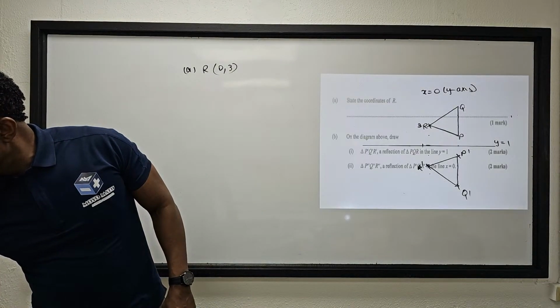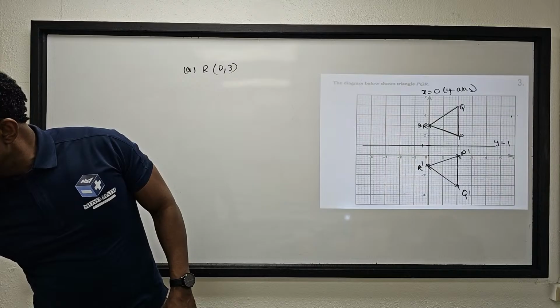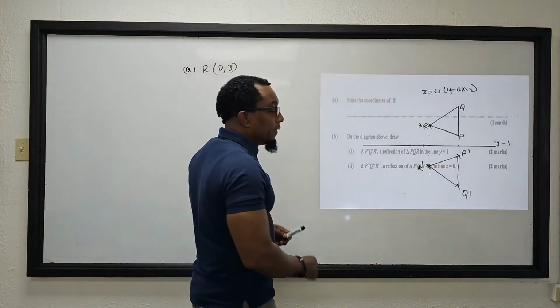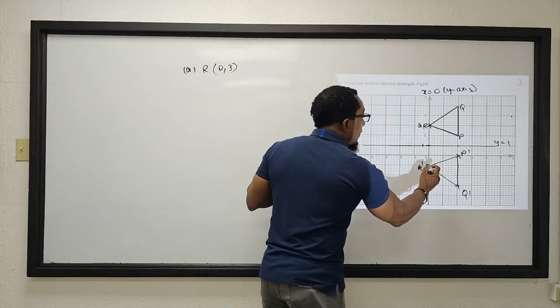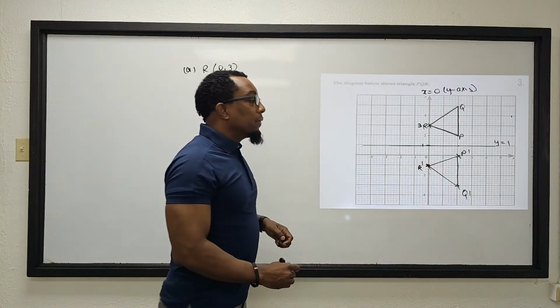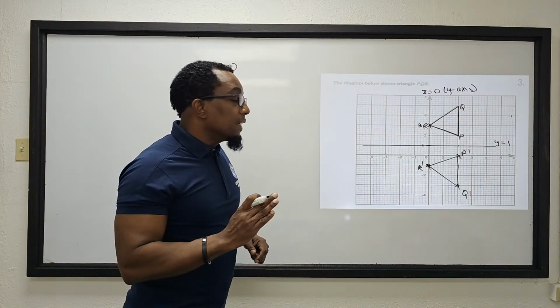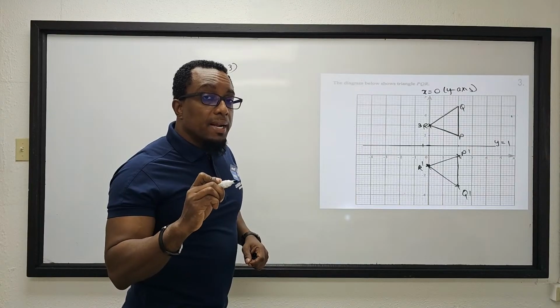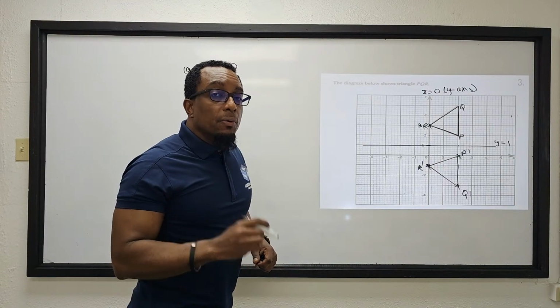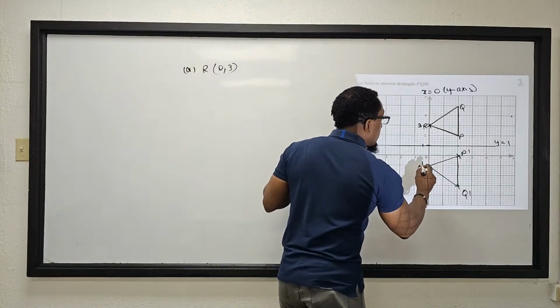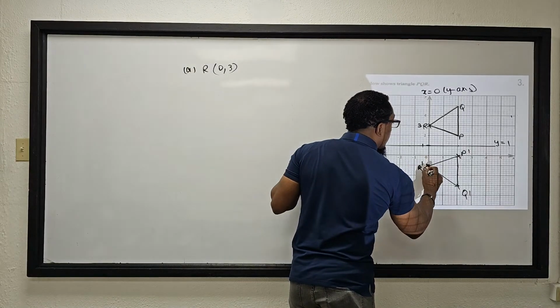This is simply a case of reflecting about the line. Now, R prime, because it is on the mirror line, remains. The R double prime will be on the mirror line x equal to 0, or the y-axis. So this will be R double prime.